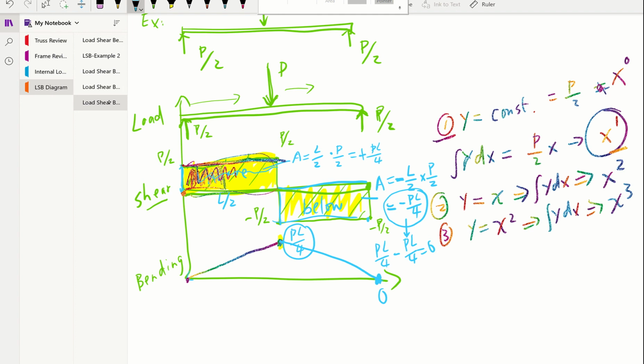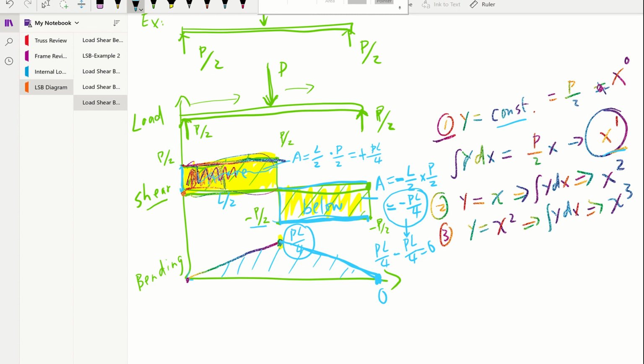Then I actually took the liberty to already draw this linear line. Why? Because this shear is this value right here, negative P over 2, which is a constant value. When you integrate that, you're going to get power of 1, which is linear. That's how we got our bending. Okay?